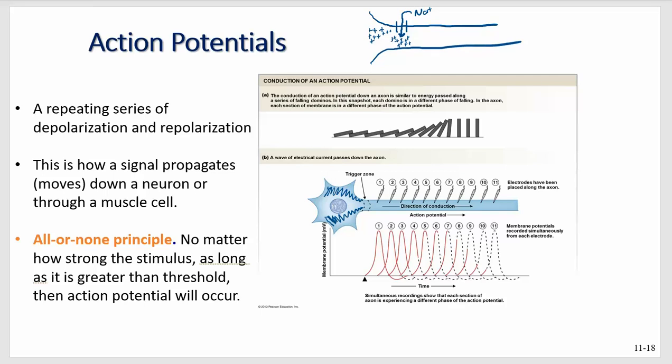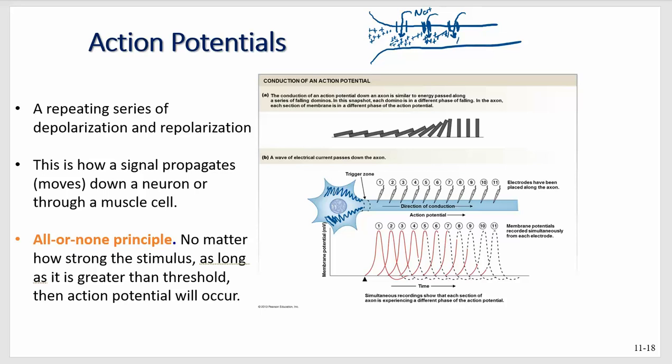So we've really depolarized the cell now in this trigger zone. Well, there's another voltage-gated channel sitting right here that says, whoa, what happened? We just got depolarized, and it's going to open up to potassium or sodium, and it's going to depolarize too. And then there's another voltage-gated channel here, and it says, whoa, what happened? And it's going to open because of the depolarization.